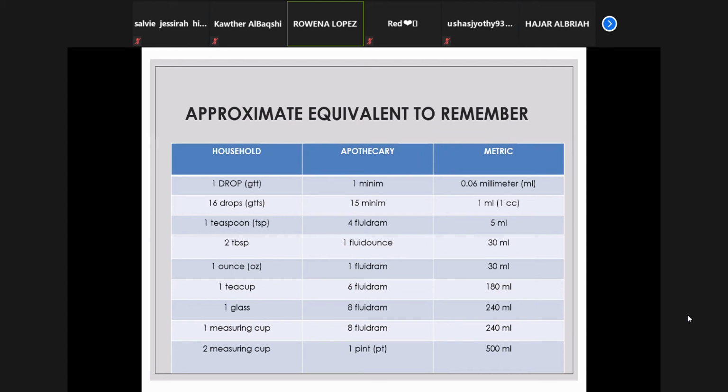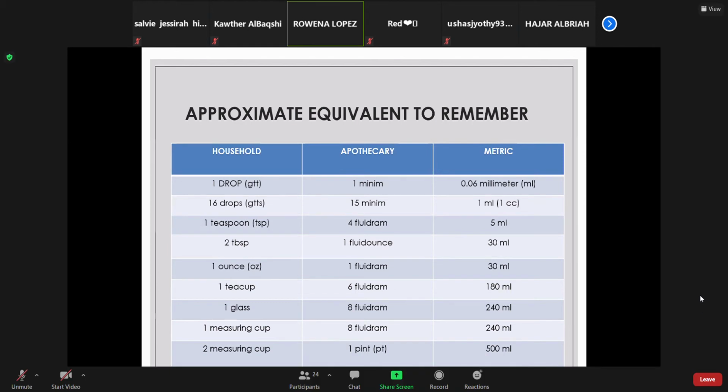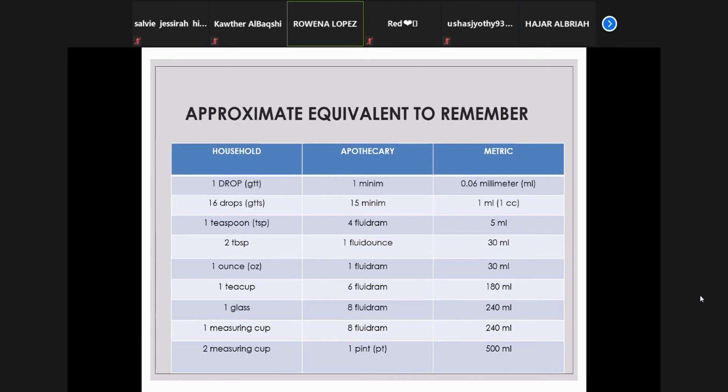If he says 5 teacups, that means 5 teacups multiplied by 180 ml, because 1 teacup is 180 ml. 1 glass is 240 ml. 1 measuring cup is the same as 1 glass, which is 240 ml, and 2 measuring cups is 500 ml. So please make sure that you take note of the household plus the metric system. Forget about the apothecary. It's from the Flintstone time.